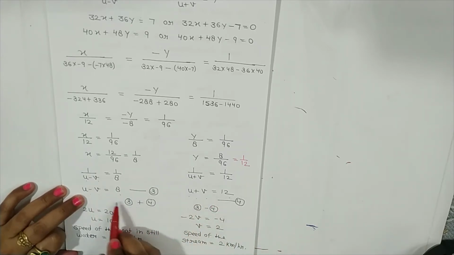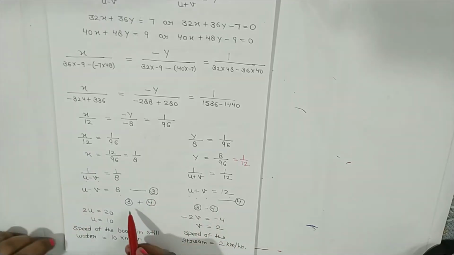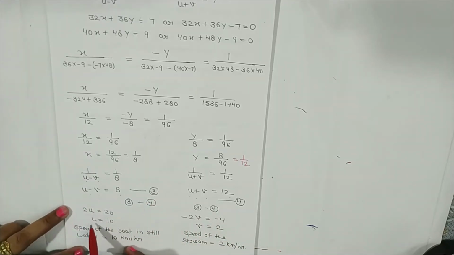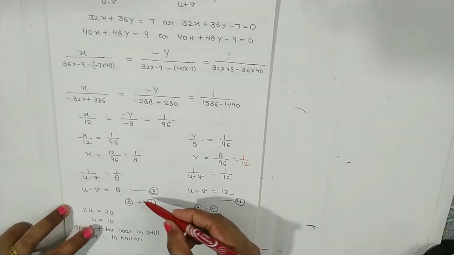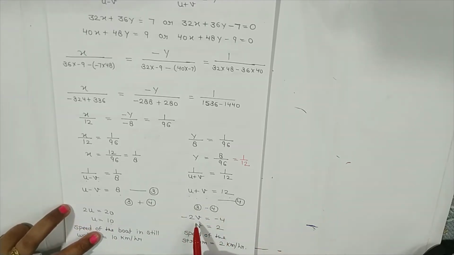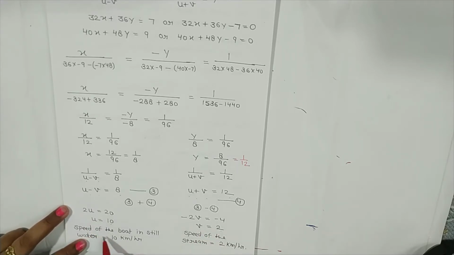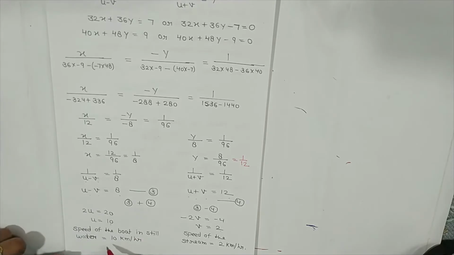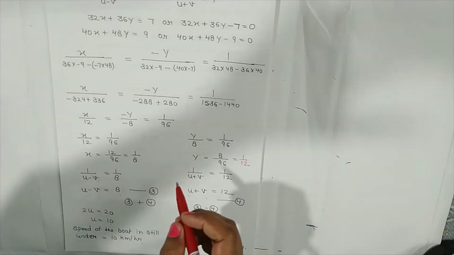First, we add equation 3 and equation 4, so the value of u will be 10. When we subtract, the value of v is equal to 2. So, v is the speed of the stream and u is the speed of the boat in still water. It is 10 km per hour, and the stream is 2 km per hour.